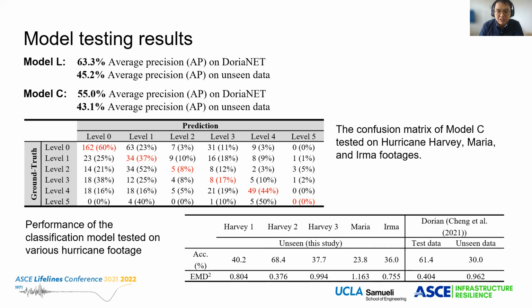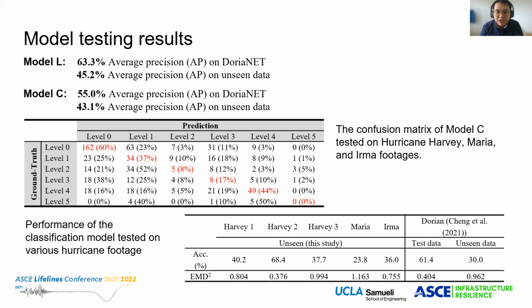The table below summarizes the performance of Model C, expressed in terms of accuracy and the square of EMD, the square of Earth Mover's Distance, when tested on Hurricane Harvey, Maria, and Irma videos.